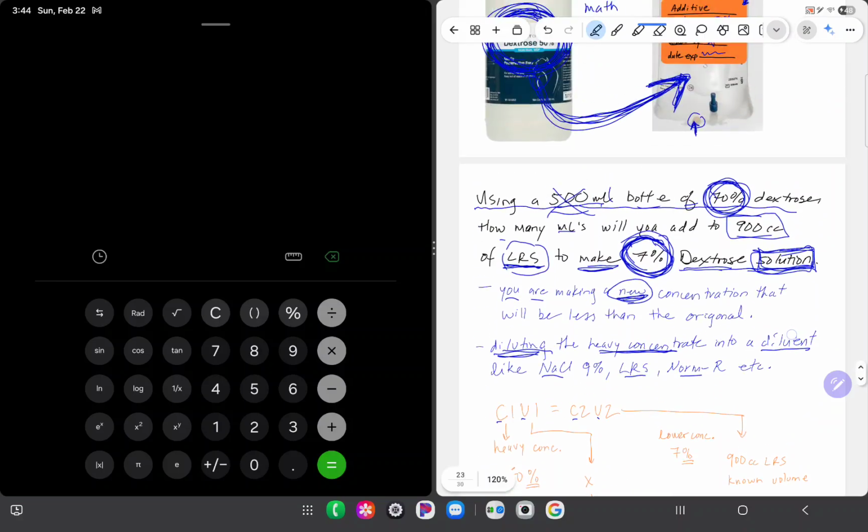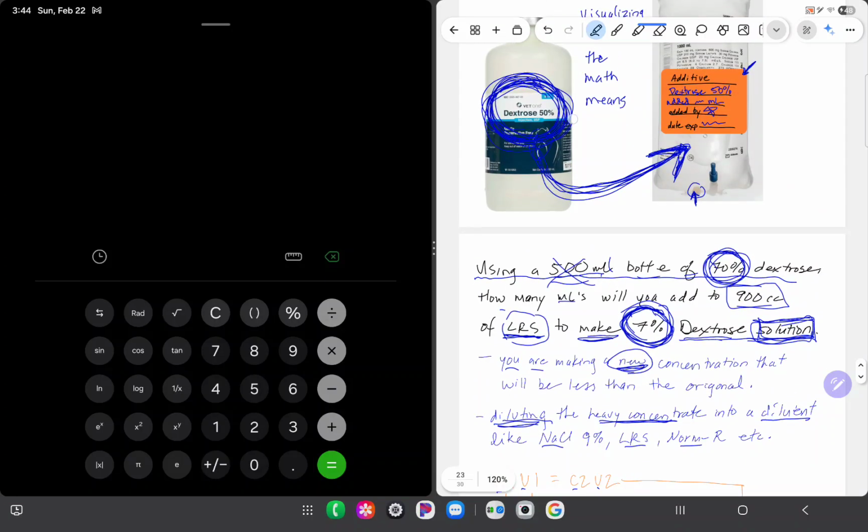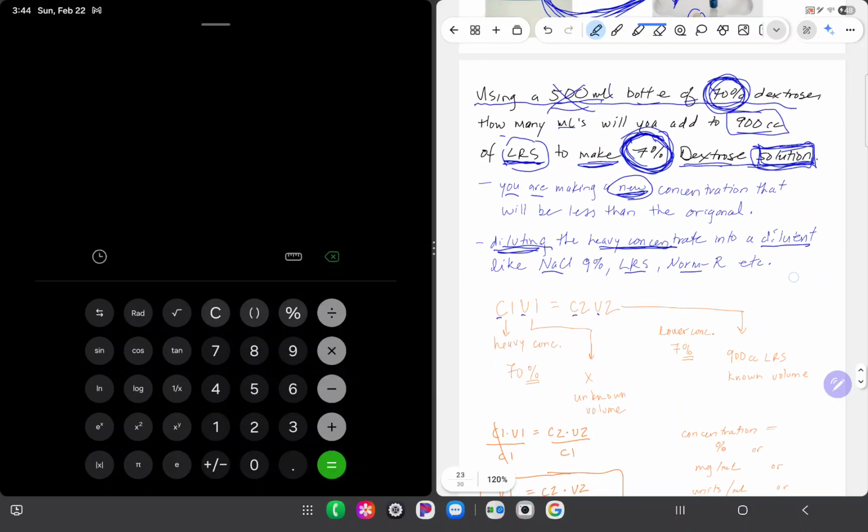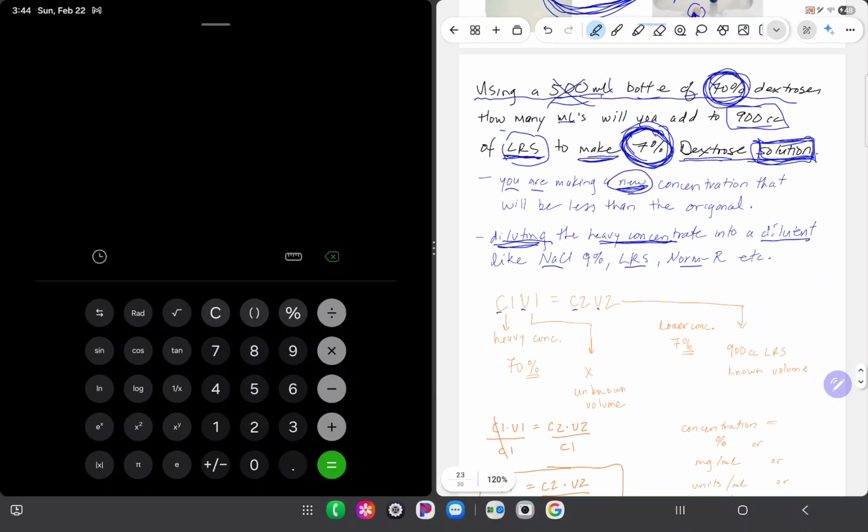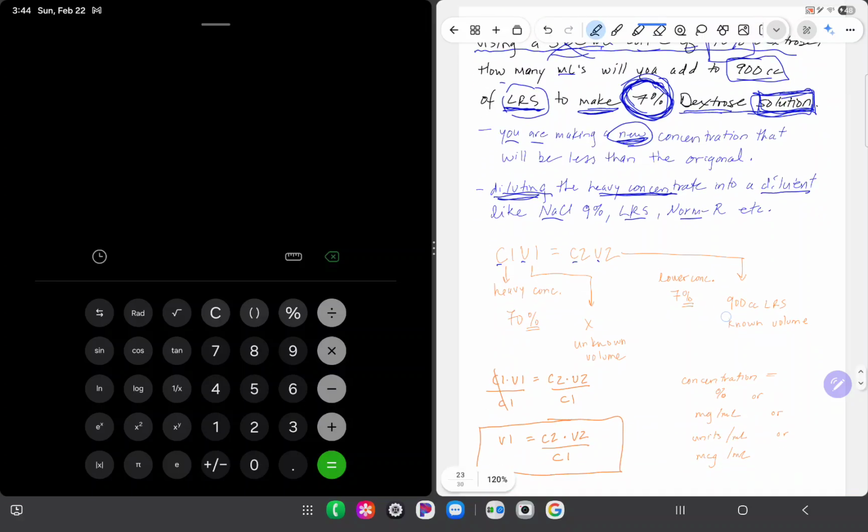But it all starts first with, do you have a fat dose of dextrose somewhere in your hospital? Great, go find it. And when you find it, what is the concentration? In this question, it told me my concentration is 70%. Fantastic.